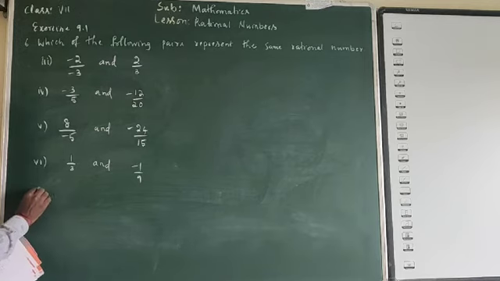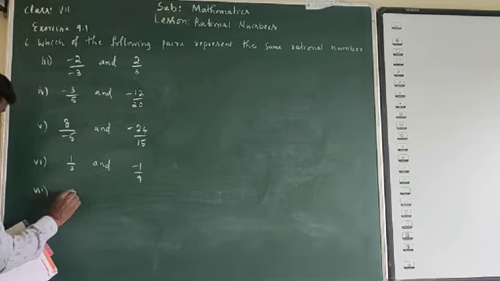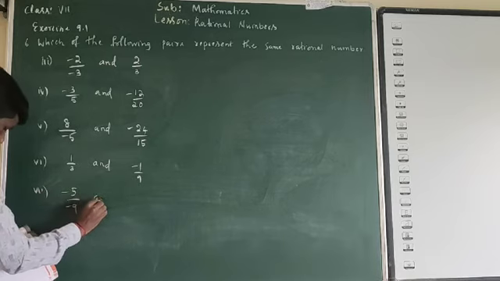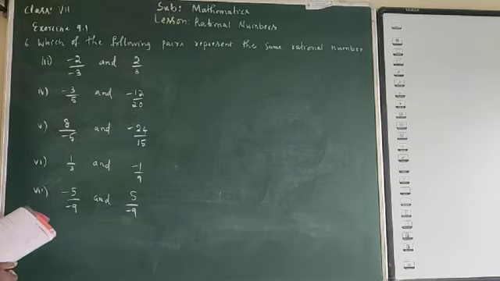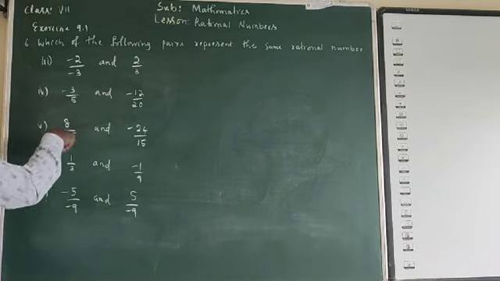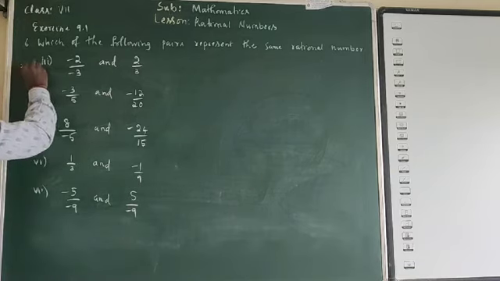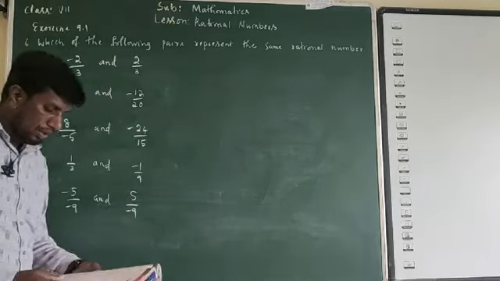Seventh one, minus 5 by minus 9 and 5 by minus 9. Okay. All these, 1, 2, 3, 4, 5, will be the homework for you. Okay. So this is the homework for you.